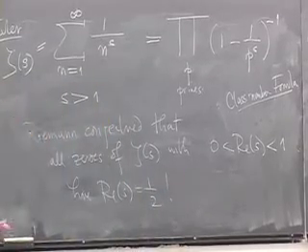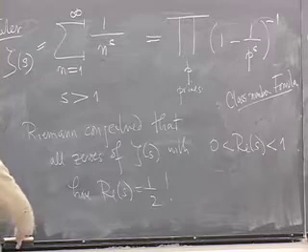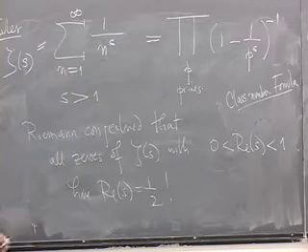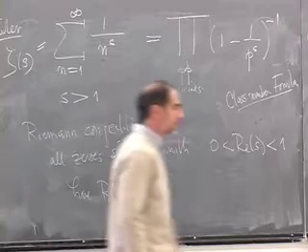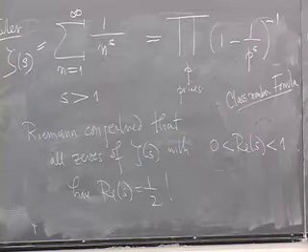So I have to say what that actually means, because so far we've only defined this series for s greater than 1. It only converges when s is bigger than 1.